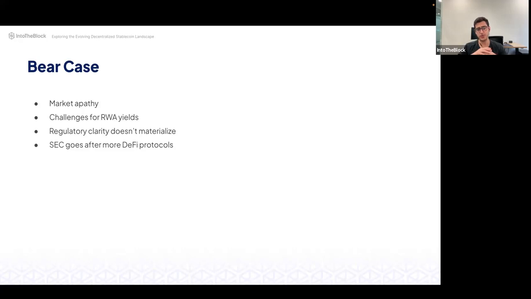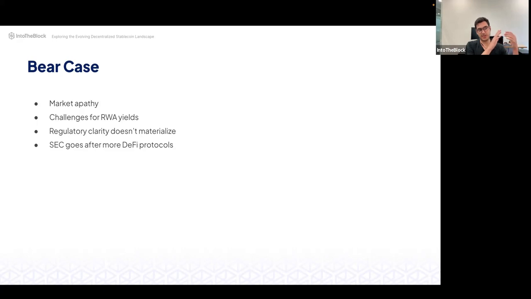There are also some potential challenges for real-world asset yields. So, for instance, the DAI savings rate, which is indirectly treasuries, you could argue, or at least the government could argue, that a terrorist could potentially access treasury yields through the DAI savings rate, which of course people in the government will likely go against.